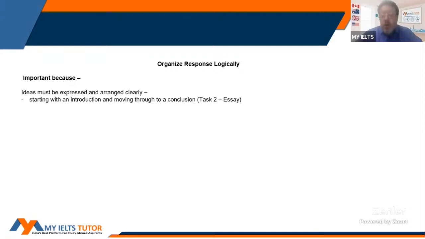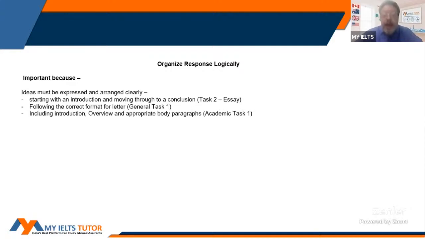This is task 2, of course, or it's following the correct format for the letter, okay? And if it's academic, you want to include an introduction, the overview, and appropriate body paragraphs for task 1 academic. So that's why it's important.